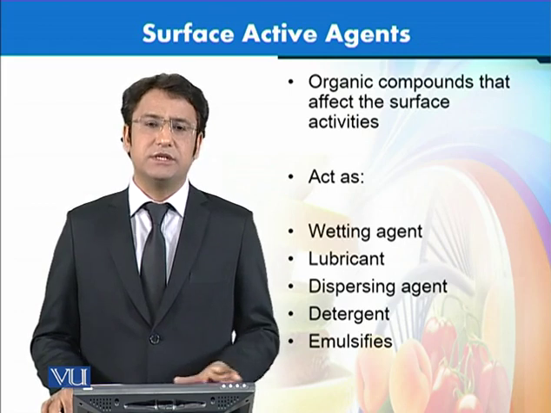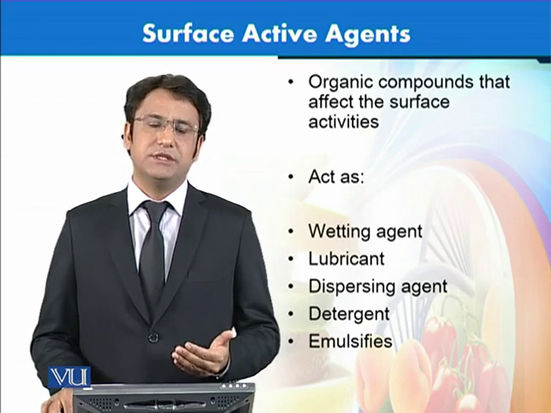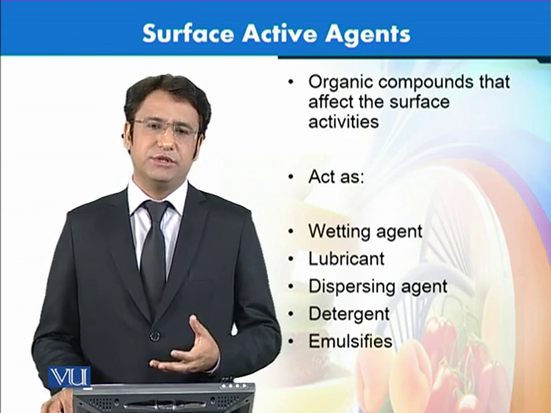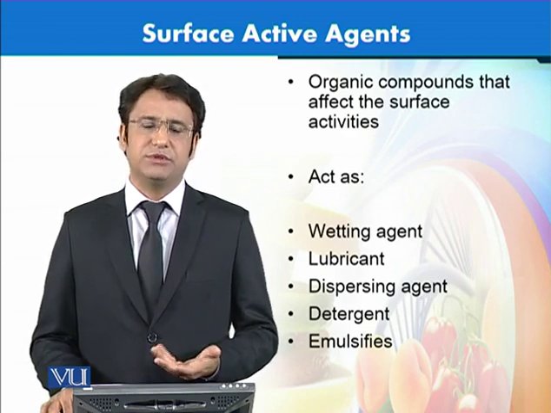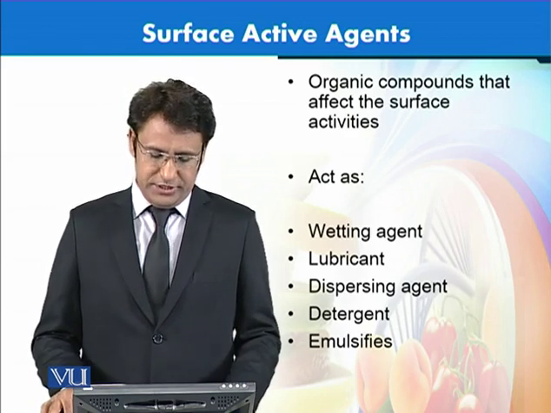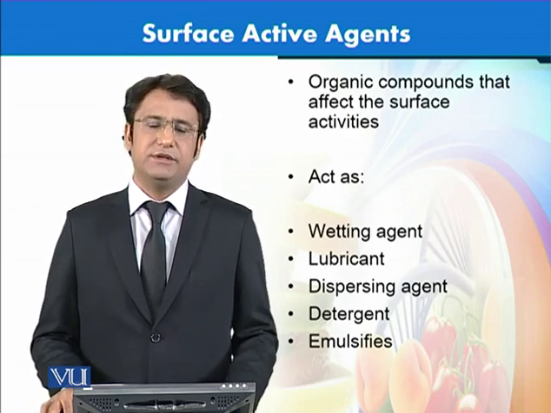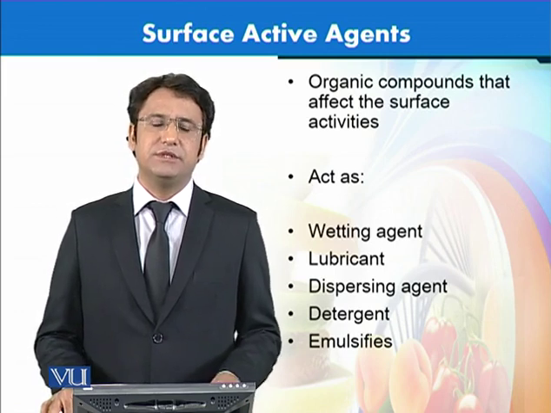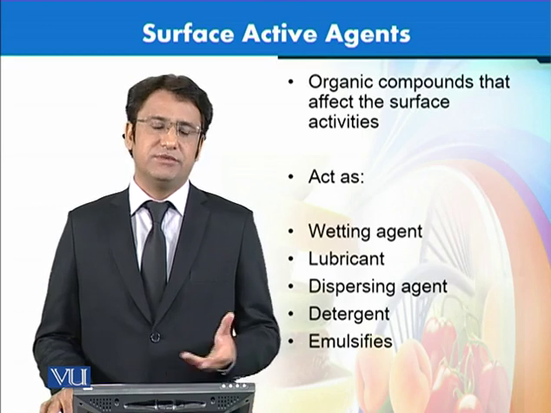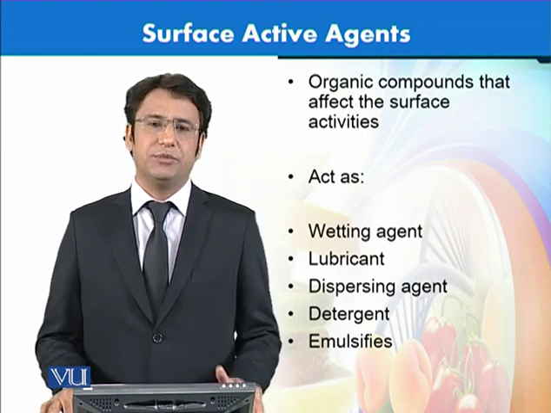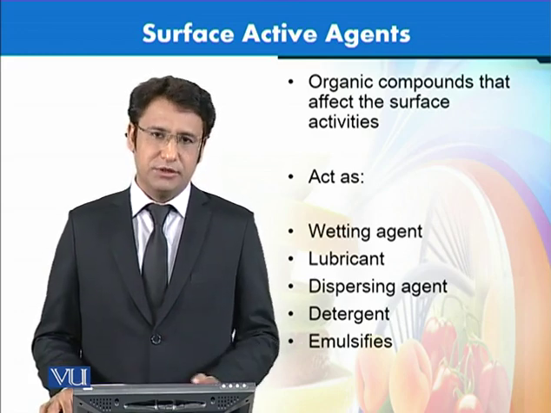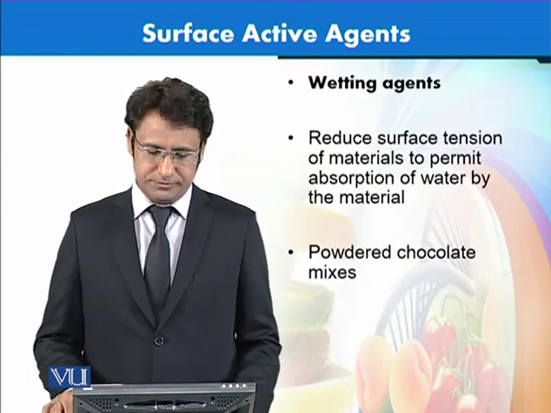They act as detergents, so they can be used as cleaning solutions within the food industry, and even most of our domestic cleaners are detergent in nature. They can also act as emulsifier. As I earlier said, if we make emulsions, we need to have emulsifiers. These emulsifiers can be naturally or artificially prepared, and they are useful to make food-based emulsions.